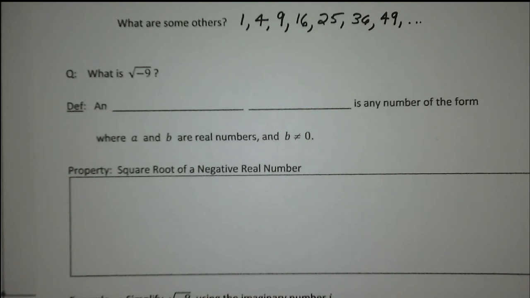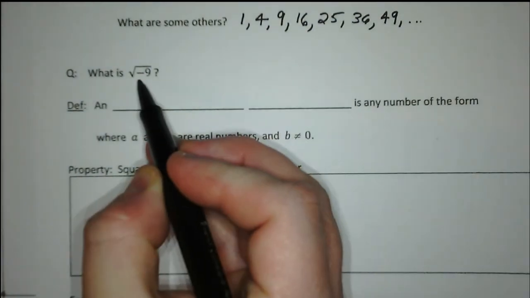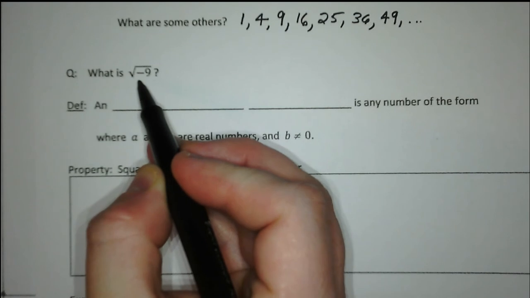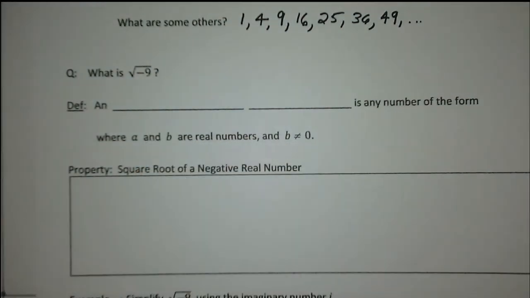Remember how, in the last lesson, 4.7, I mentioned that we basically can't do that. Taking the square root of a negative number doesn't make any sense. What number times itself equals -9? There is no such real number.